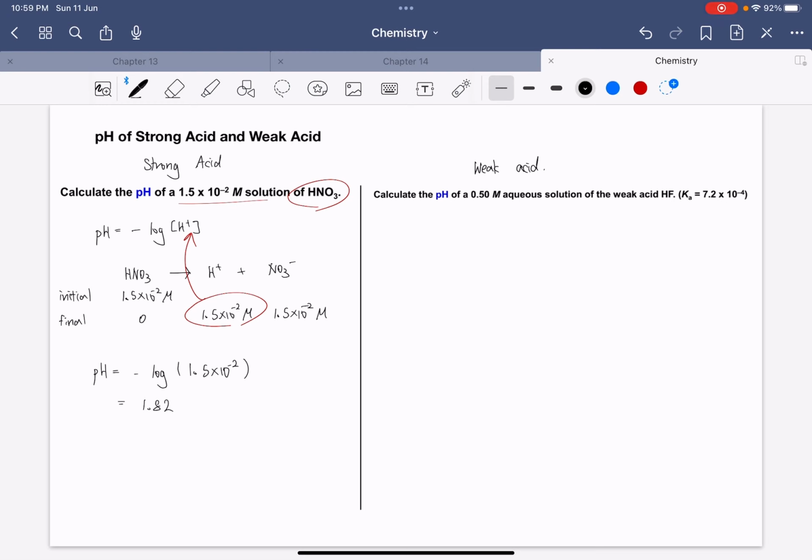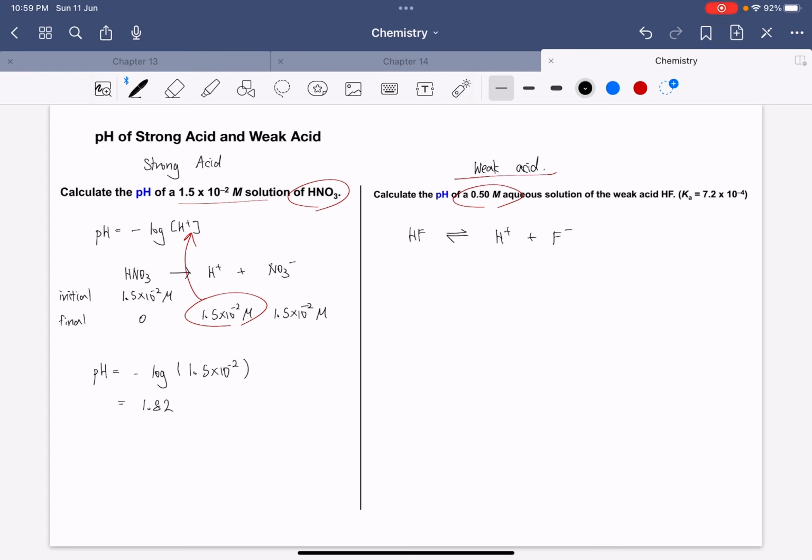So here's our next problem, the weak acid problem. We need to calculate the pH of the weak acid for a 0.5 molar aqueous solution. So we can write this equation. HF is dissociated into H plus and F minus.